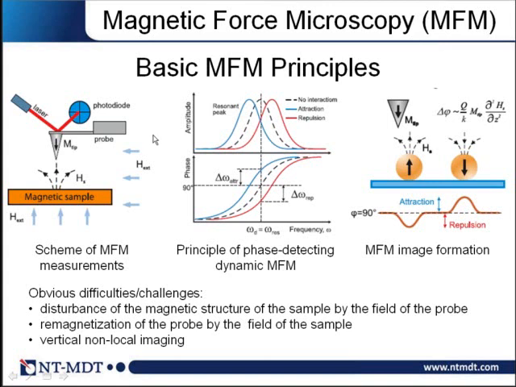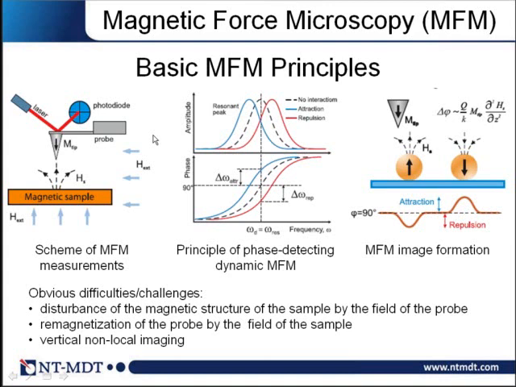Yeah, there is a question, is it possible to measure magnetic moment or magnetization? Well, of course, the example of quantitative MFM images shows you that you can determine the magnetization of your sample by simple comparison of simulated MFM images and measured images.